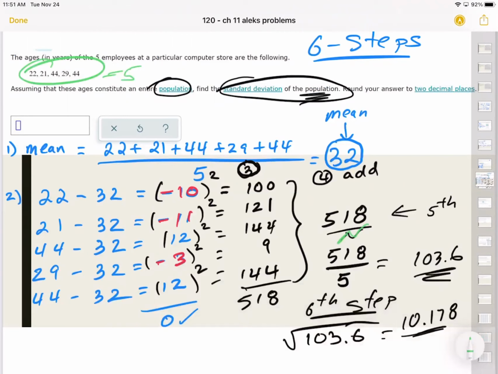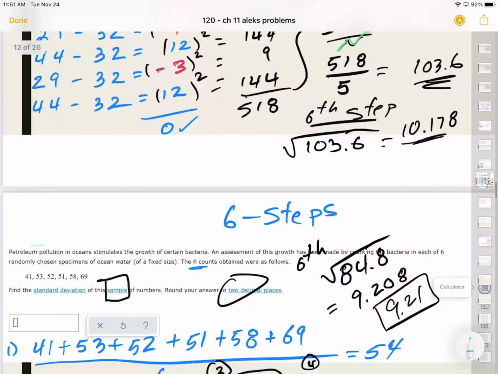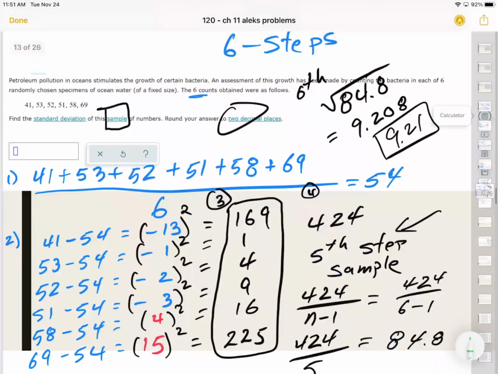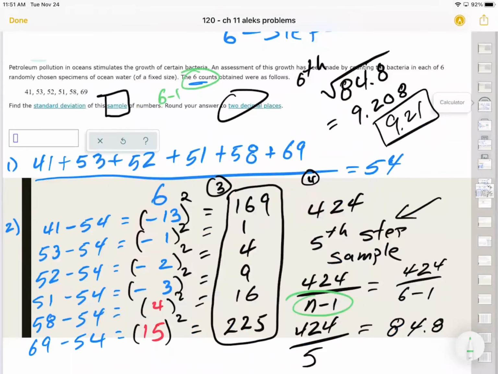But for the sample, I divide it by n minus 1. And n minus 1, in this case, the n is equal to 6. 6 minus 1, that's why I have 5. So it's not the same 5. One of them, I take 6 minus 1. The other one, I take the whole thing. So the population, you take the whole thing, but the sample, you take the n minus 1.